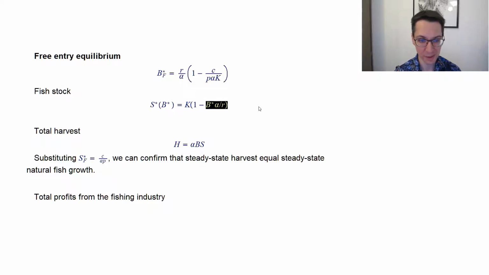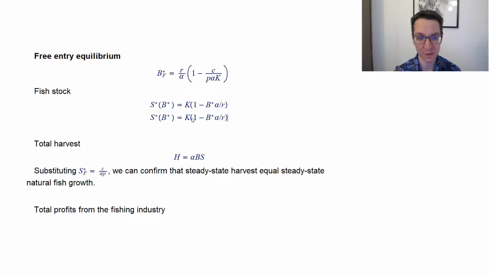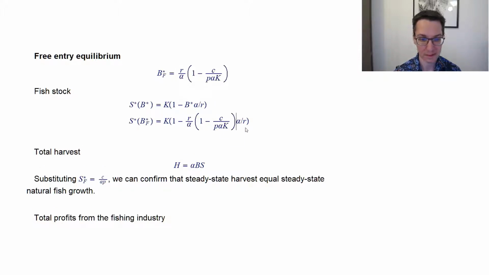And we're going to get that the equilibrium stock of fish if there is free entry, so if B of F, will be equal to this quantity there. And what you notice is that there's R over alpha, alpha over R, so we can simplify things very easily. And we find that.